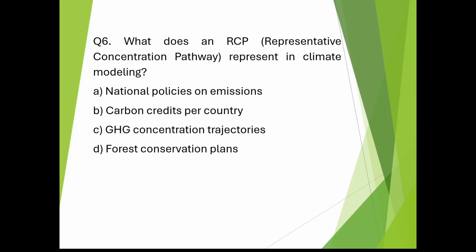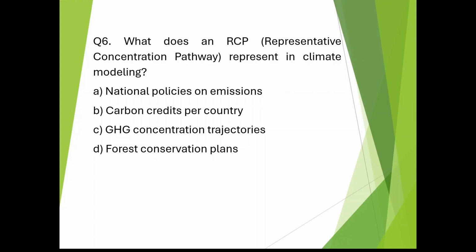They are also named after radiative forcing values into 2100, which is also referred to as RCP 2.6, 4.5, RCP 6, something like that, in slide 8. So option C is the right answer, and Farid is absolutely correct in this particular question as well. So can we move to the next question?